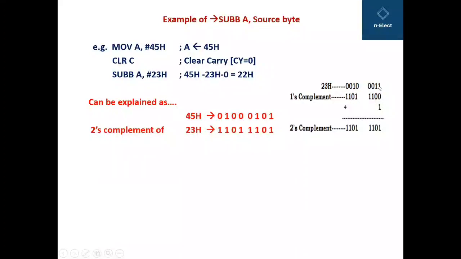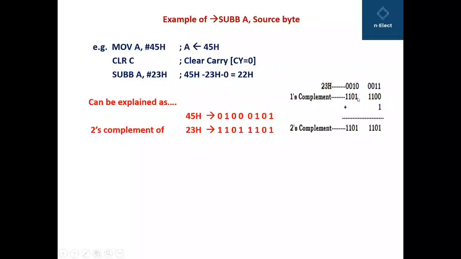Its 2's complement can be obtained by first taking its 1's complement. The 1's complement is taken first, meaning all zeros are converted to 1 and 1s to zeros. So when 0 is converted to 1, you get 1, 1, and this 1 will be converted to 0, this 0 will be converted to 1. Similarly, the 0, 0 will be converted to 1, 1, and 1, 1 will be converted to 0, 0.